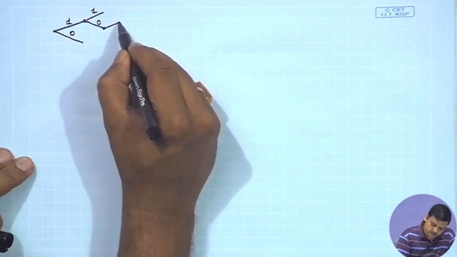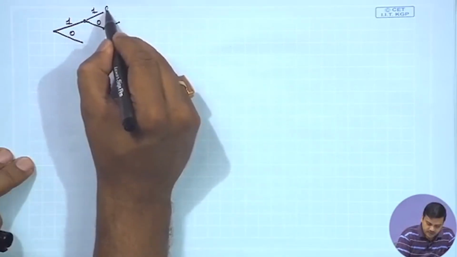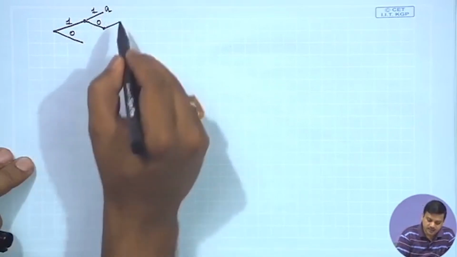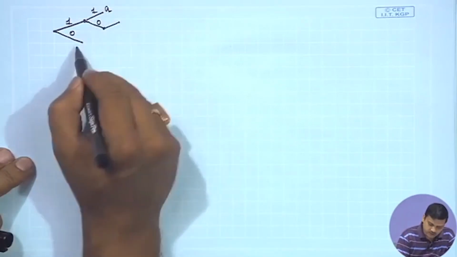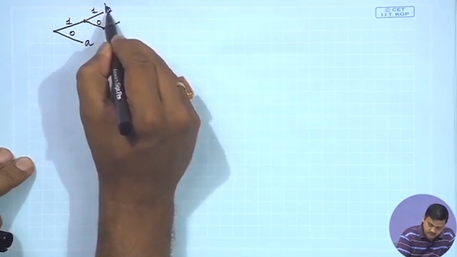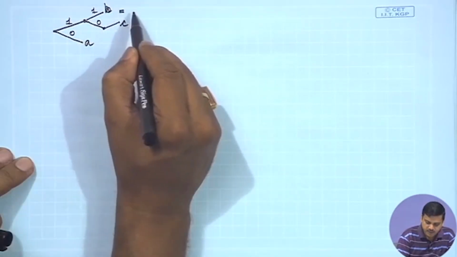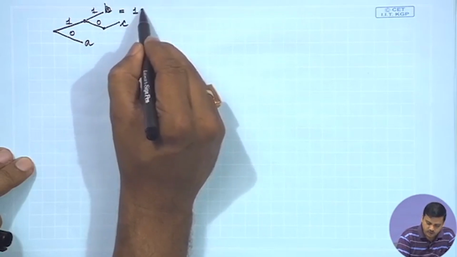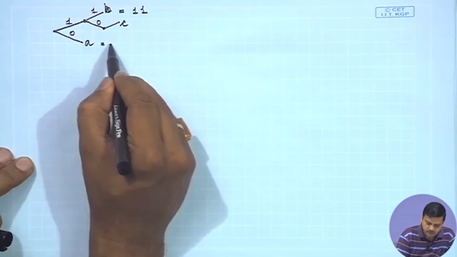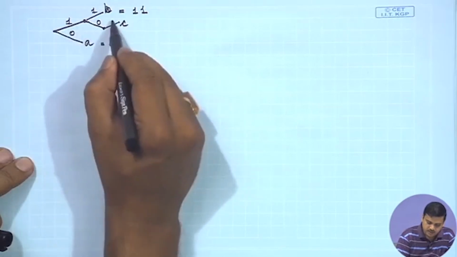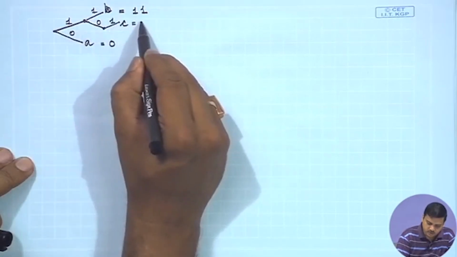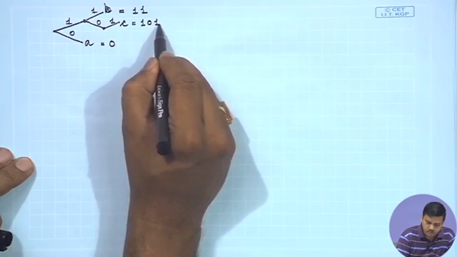You could assign this leaf node as A, this leaf node as B, and this leaf node as C, and then B would get a code word of 11, A could get a code word of 0, and C could get a code word of 101.